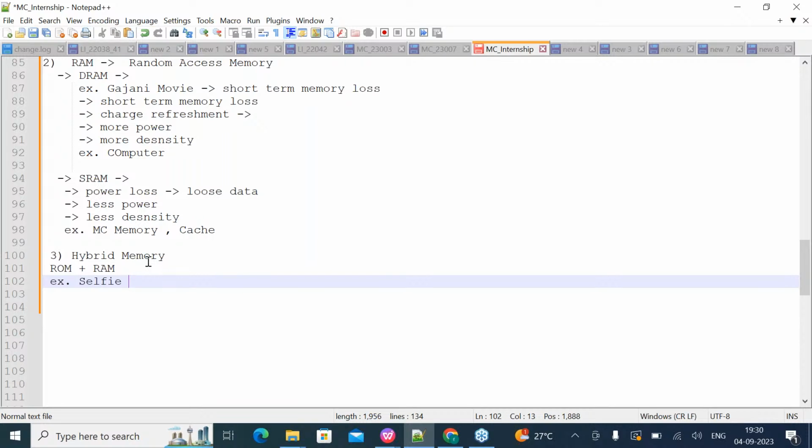We all take selfies. Now let's assume in your mobile phone, for storage purposes, they are using the PROM, programmable read-only memory. Let's see this scenario. If you have only RAM or only ROM, and there is no hybrid memory, how will things work? Whatever storage you have is the PROM.